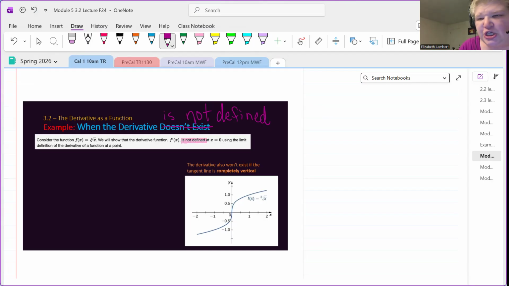So the function cube root of x, and it's very particular to odd roots. When we look at this graph, we see upward sloping lines, and then eventually we have a vertical point, and then it goes from vertical to more upward sloping lines.